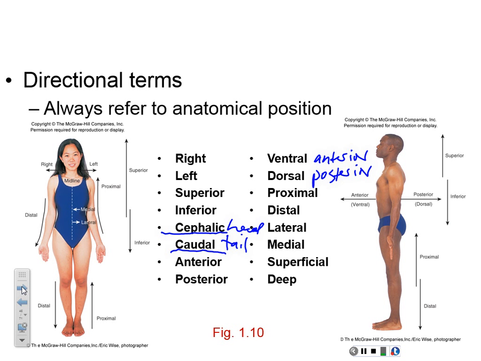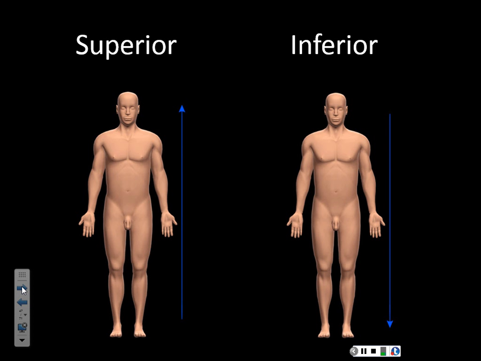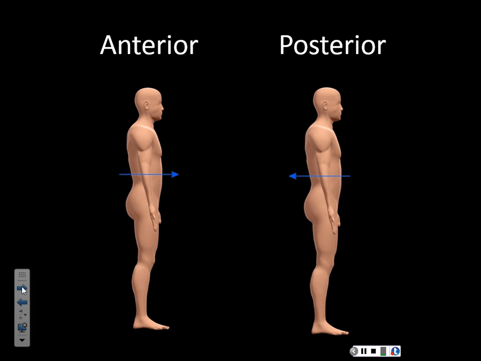All right. Okay, so that's that. And then superficial. What is superficial? Yeah, it's surface-wise. It's on the surface. All right. And then, of course, deep is deeper. So we're going to just go through pictures of these planes: superior and inferior, anterior and posterior, right?